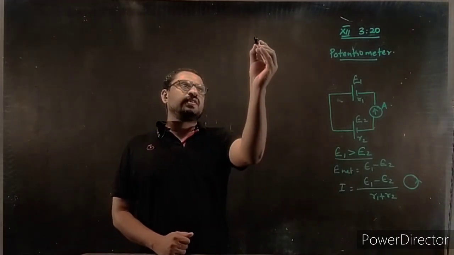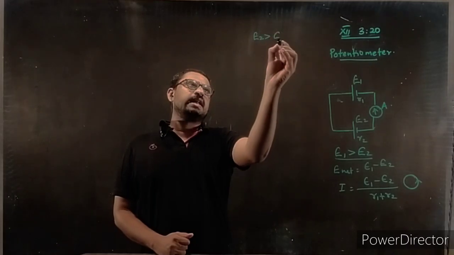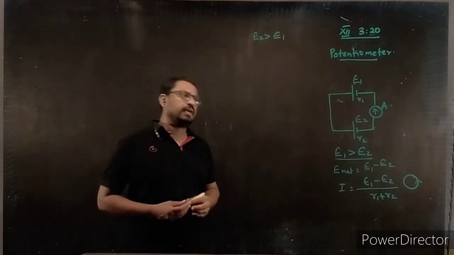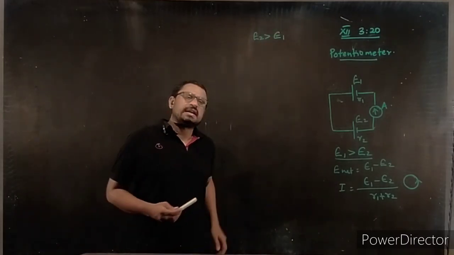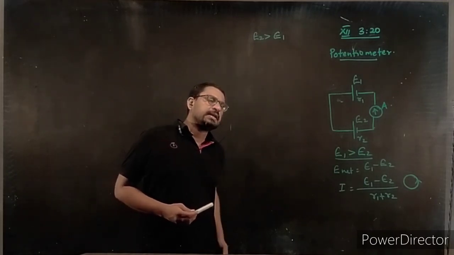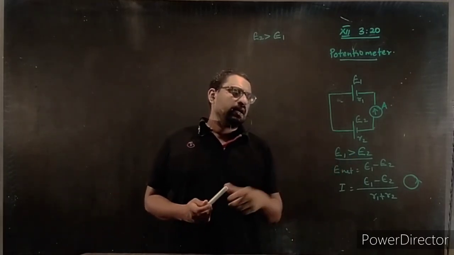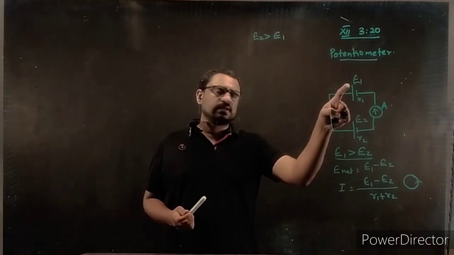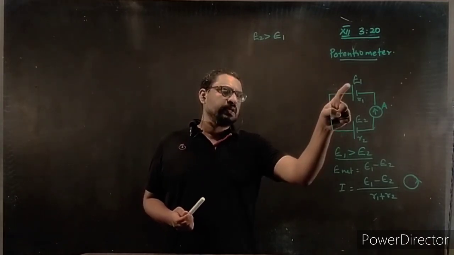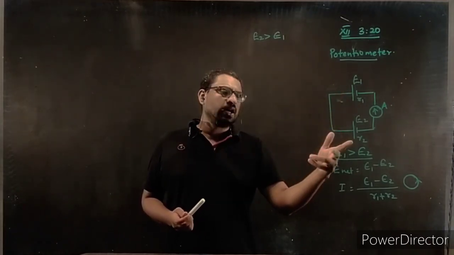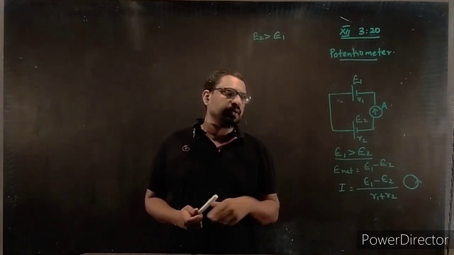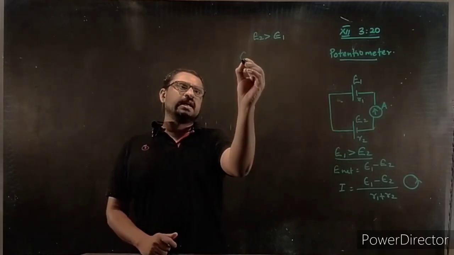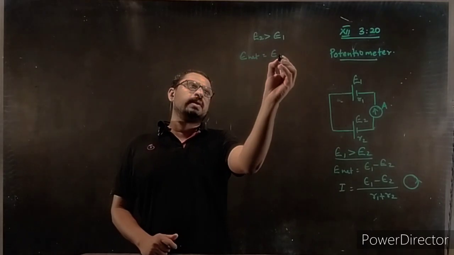For the next case, if E2 is greater than E1, what happens? E2 will dominate E1, so in which direction the current should flow will be determined by E2 only.